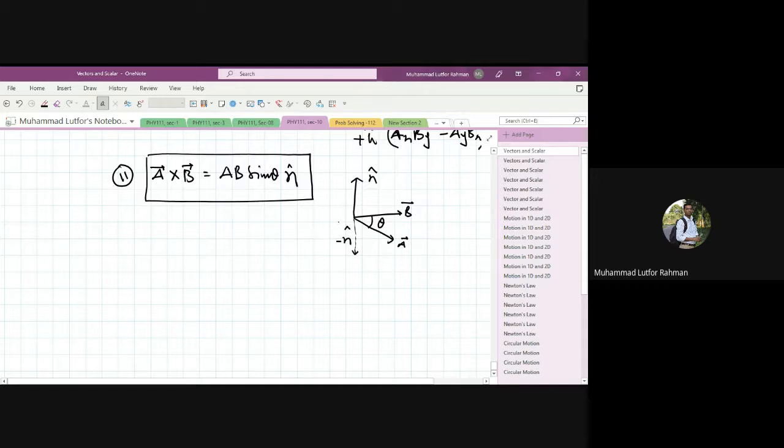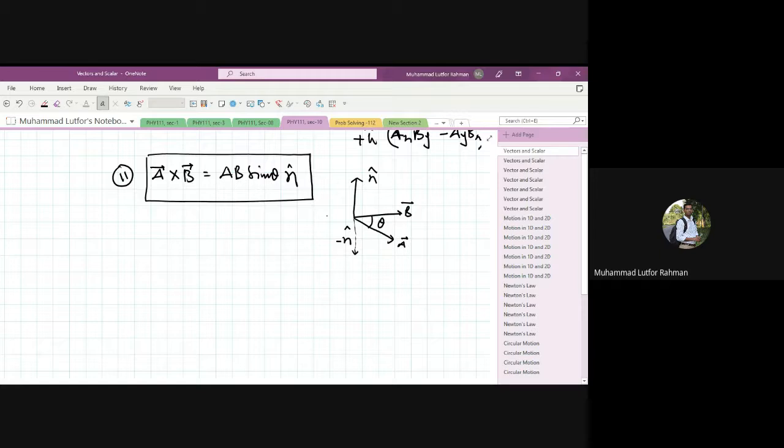And to find that direction, you have to use the right hand rule, right? You know how to use the right hand rule. You have to put your forefinger or index finger in the direction of the first vector, and place your palm towards the direction of the second vector. After that, you rotate your fingers from the first vector to the second vector.